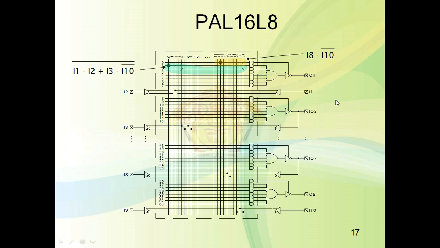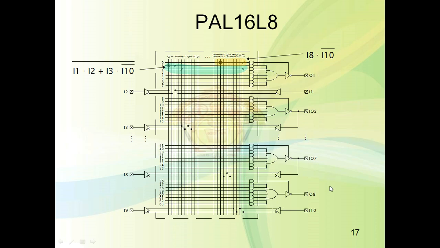These are the particular output pins. I1, I2, I3, I4, I5, I6, I7 up to here, I8, I9 and I10. These are only input pins. I1 to I10 are the only input pins.